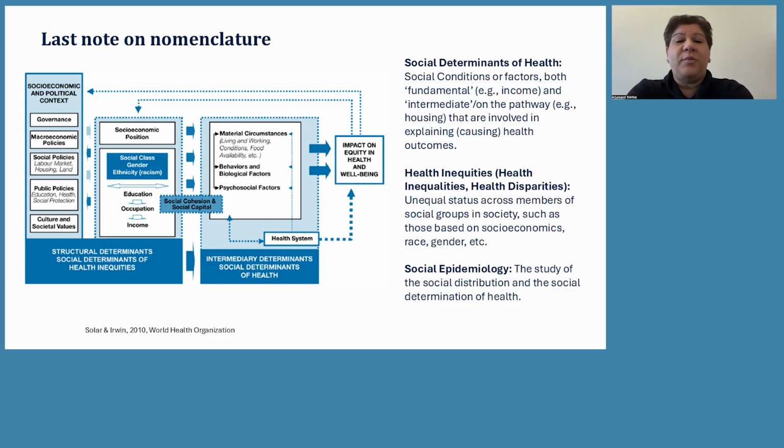And then there's the term health inequities or health inequalities or health disparities. So these are all terms that indicate unequal health status in society across people who are members of different groups and societies. In other words, social groups and societies carry different risk for health status, and the unequal health status across those social groups are considered health inequities, or as I say, health inequalities or health disparities.